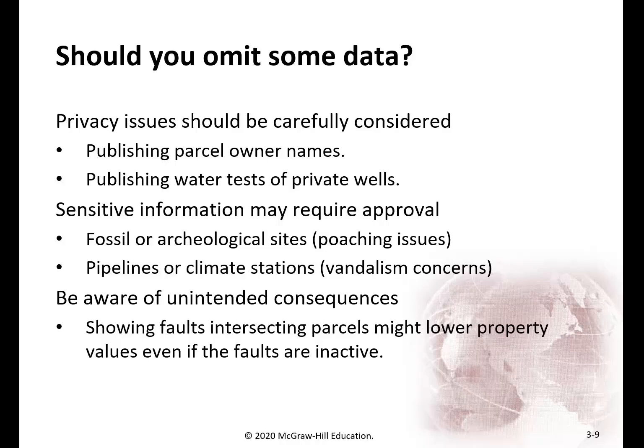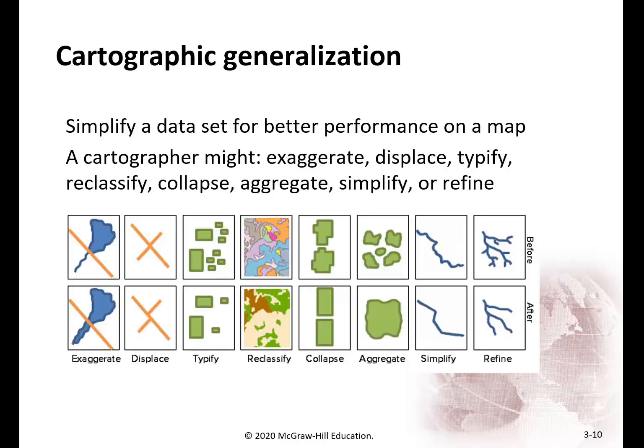In addition to determining which data needs to be represented or shown on a map, and potentially which data needs to be omitted, we also need to consider the scale of our map. Remember that a large-scale map is in essence zoomed in. The features on our maps are large, and a small-scale map is zoomed really far out where the features on our map are small.